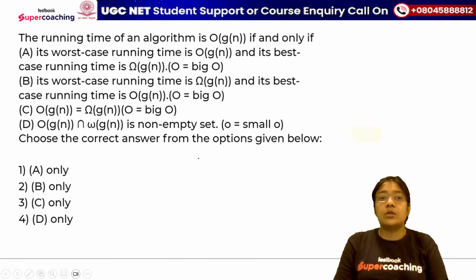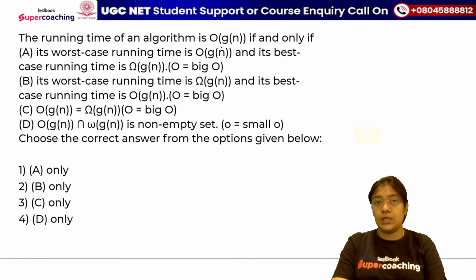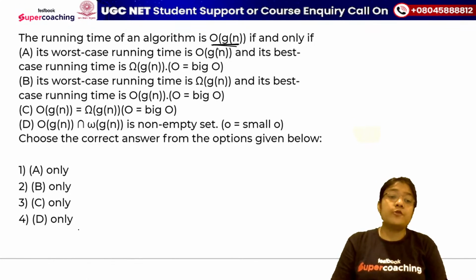Next one is on the basis of asymptotic notations, again from algorithms. The running time of an algorithm is given as order of g of n if and only if order of g of n, when? Big O notation. So we have talked about the asymptotic notations.